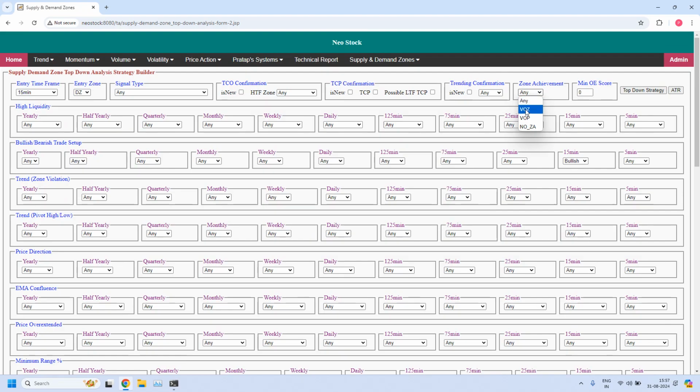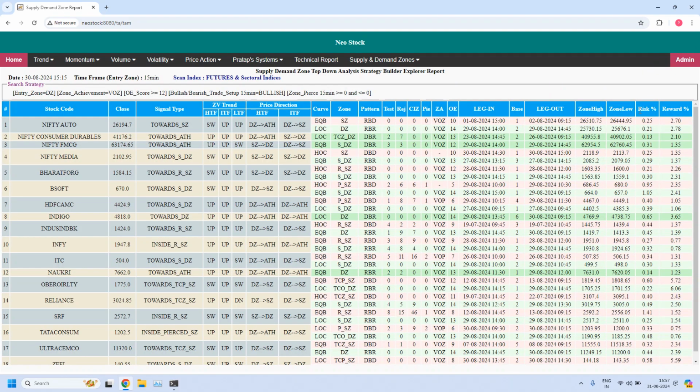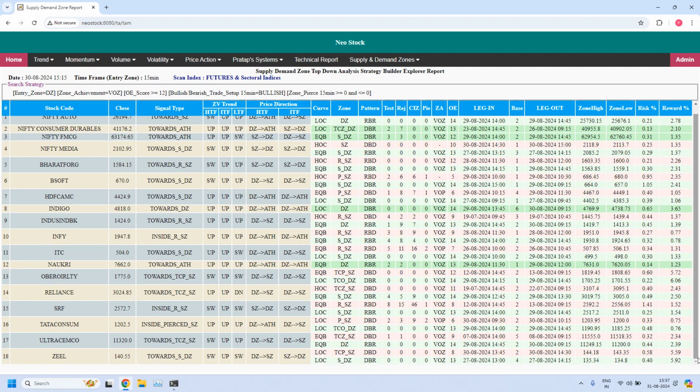Zone achievement is a violated opposing zone. Minimum odd and enhanced score is 12. All the 3 filters are applied to the 15 minutes demand zone. Now let's filter the stocks. So we got 18 stocks filtered.